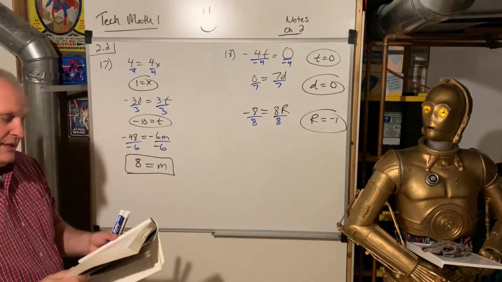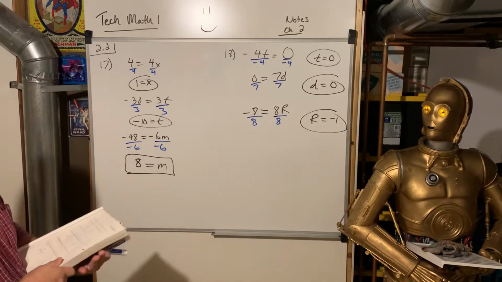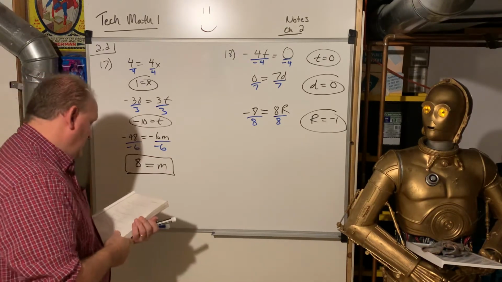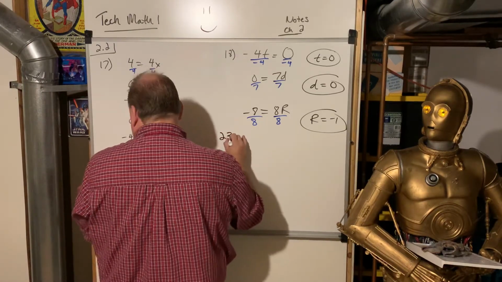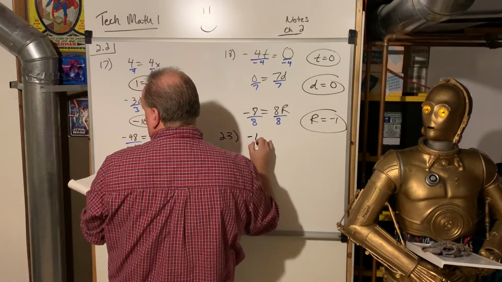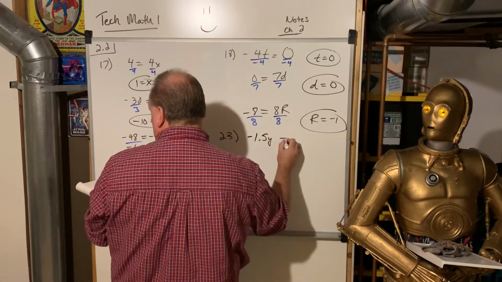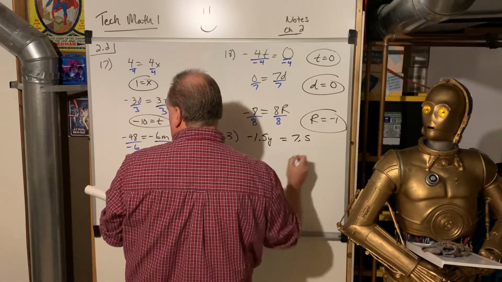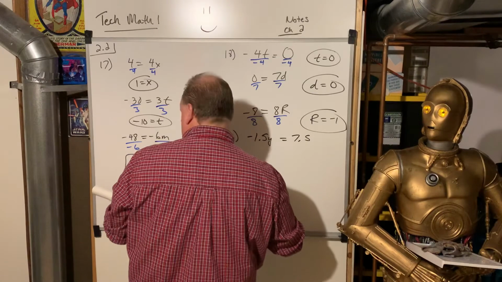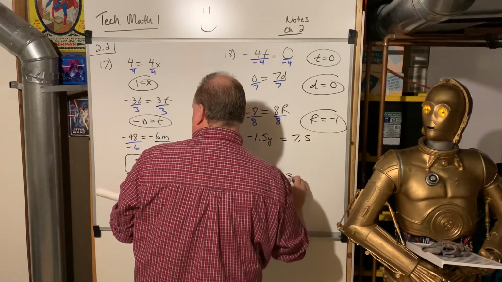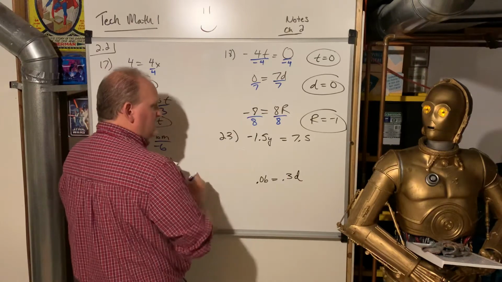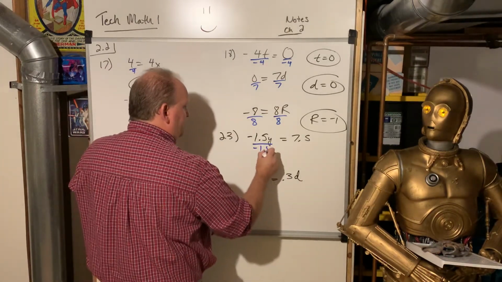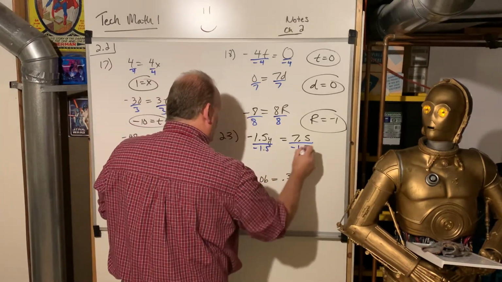Then let's jump to number 23 on page 61. Same deal. We're just going to be working with decimals. So negative 1.5y is equal to 7.5, and 0.06 is equal to 0.3d. And so when we solve this, we divide both sides by negative 1.5.